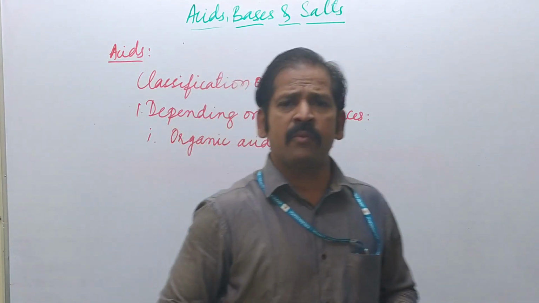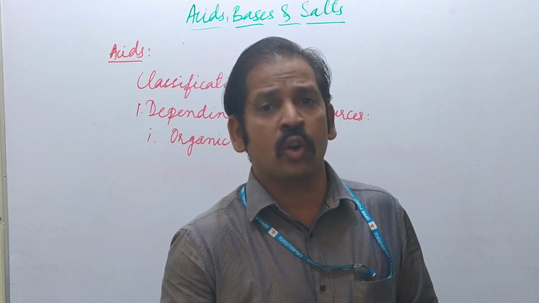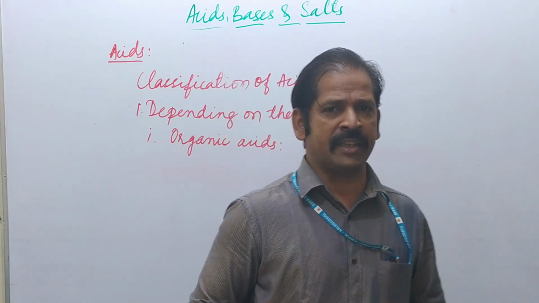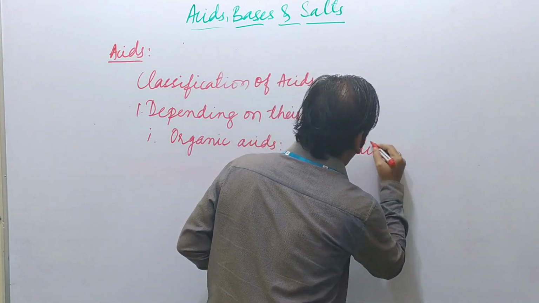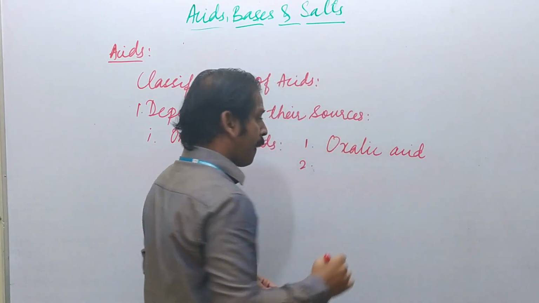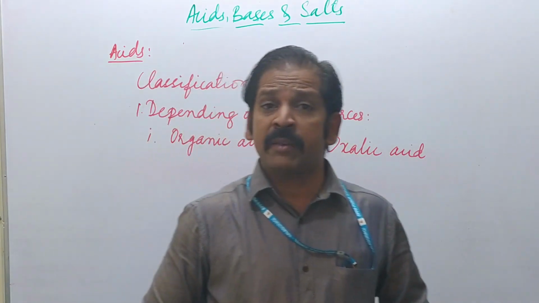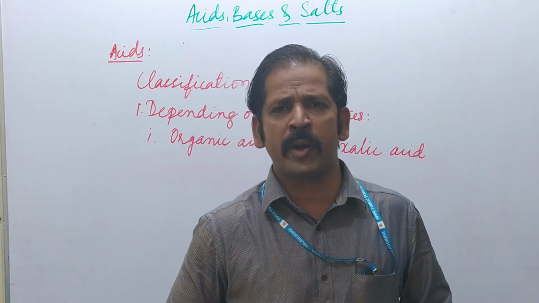Which are those acids? Oxalic acid is available from the tomato. Usually all of you will have tomato.